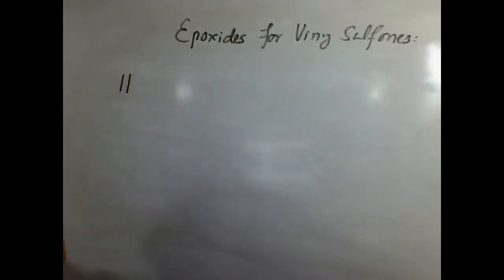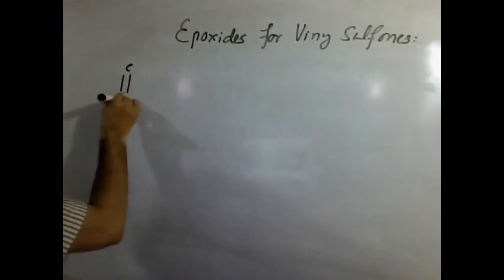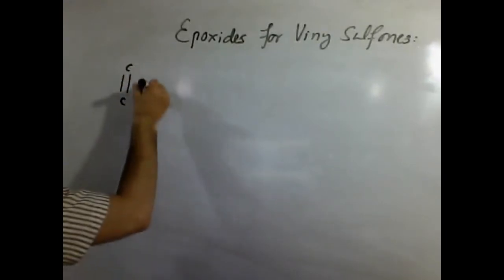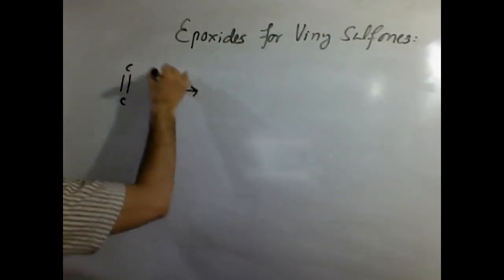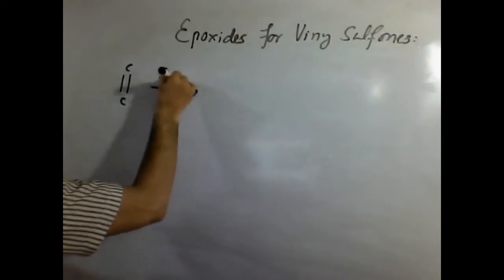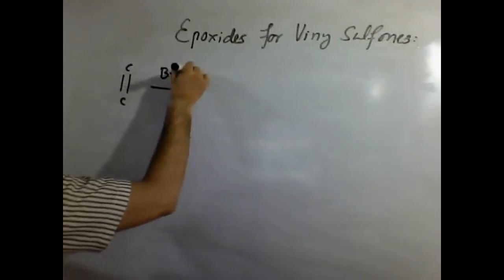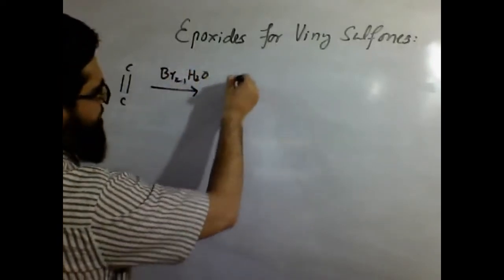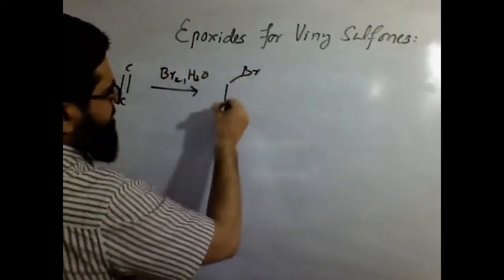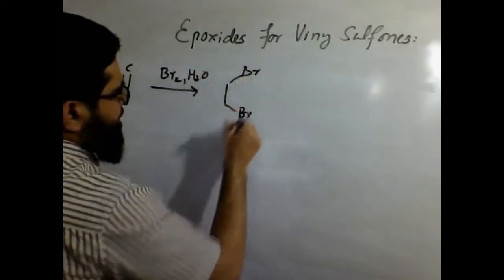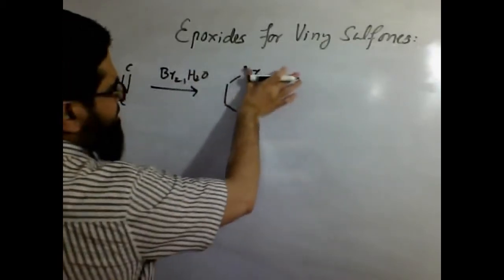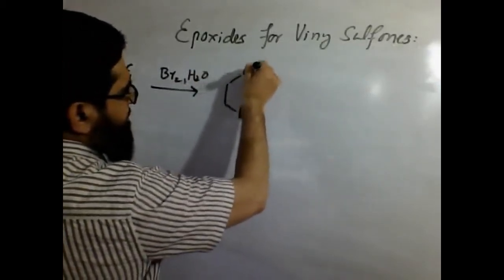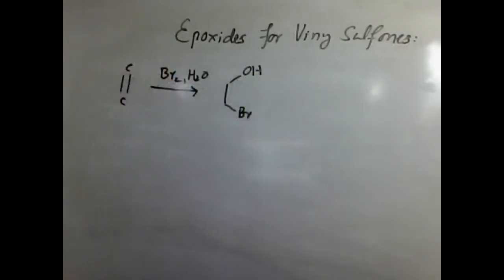Alkenes react with bromine water, bromine in the presence of water. What happens then? We have an idea. It is supposed to undergo bromination and then subsequent hydroxylation. So this is how the product is supposed to be.